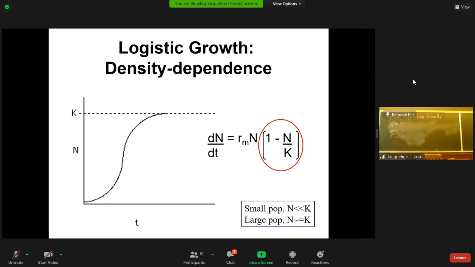Okay. So if you think about that piece of the logistic equation that's density dependent, that 1 minus N over K, let's just look at that piece of the equation for a second. If you have a population that's really small like this, that means that this value of N is just 1. And the K value, we're saying it's 250.